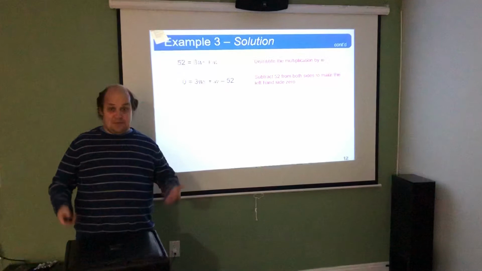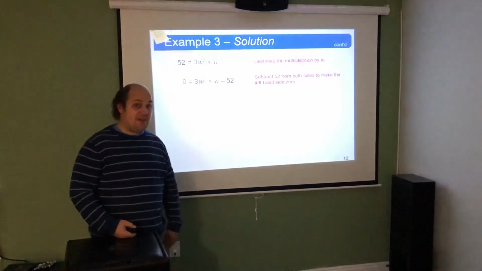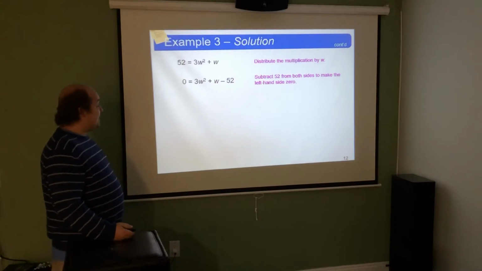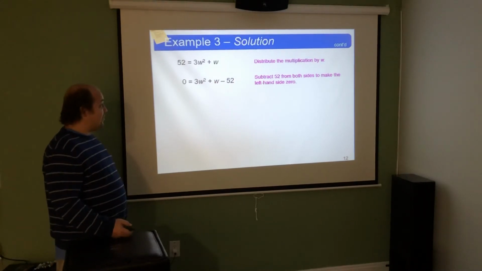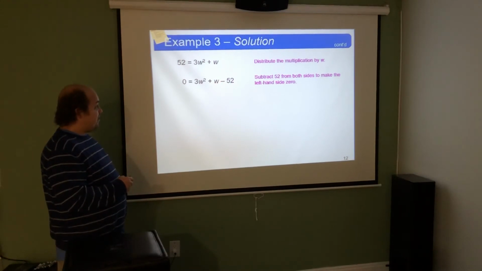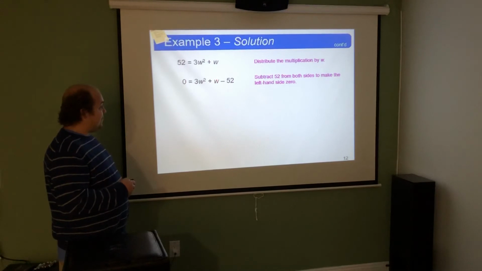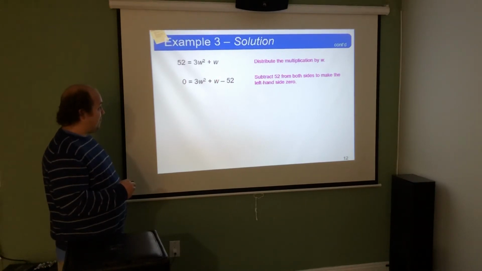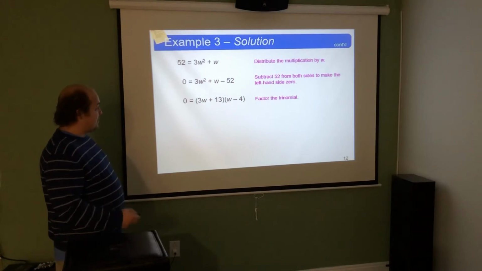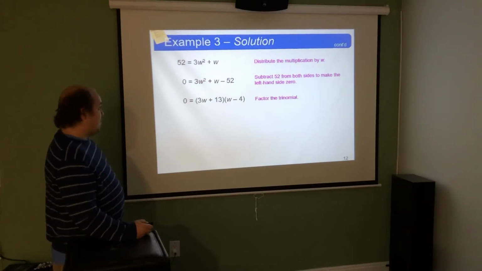Going through, doing my factor trees, I should be able to find that this is really, I believe, 12 times 13, which means I should have a positive 13 and a negative 12 for how I split this. If I split it into a positive 13 and a negative 12, I believe it works out properly. And I would get 3W on the outside when I factored 3W squared plus 13W.